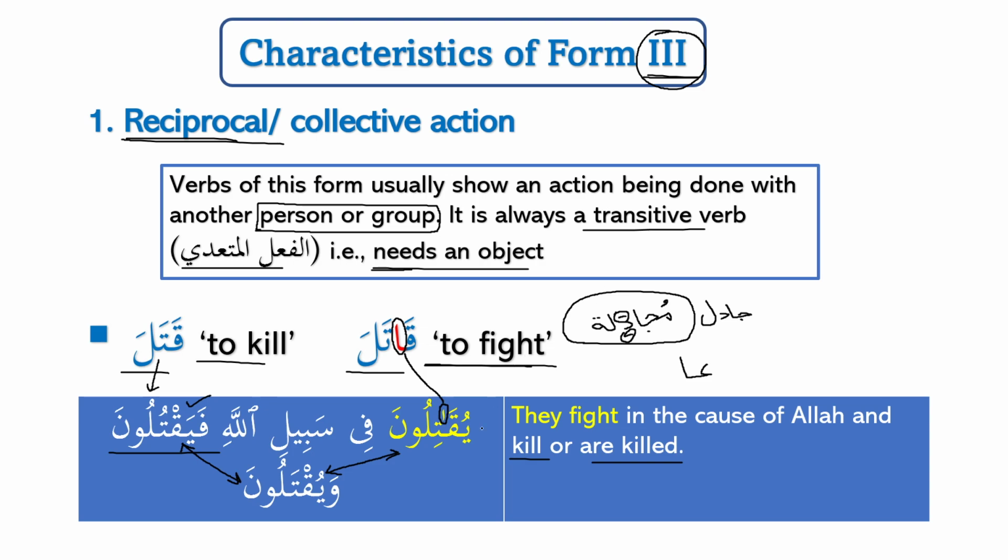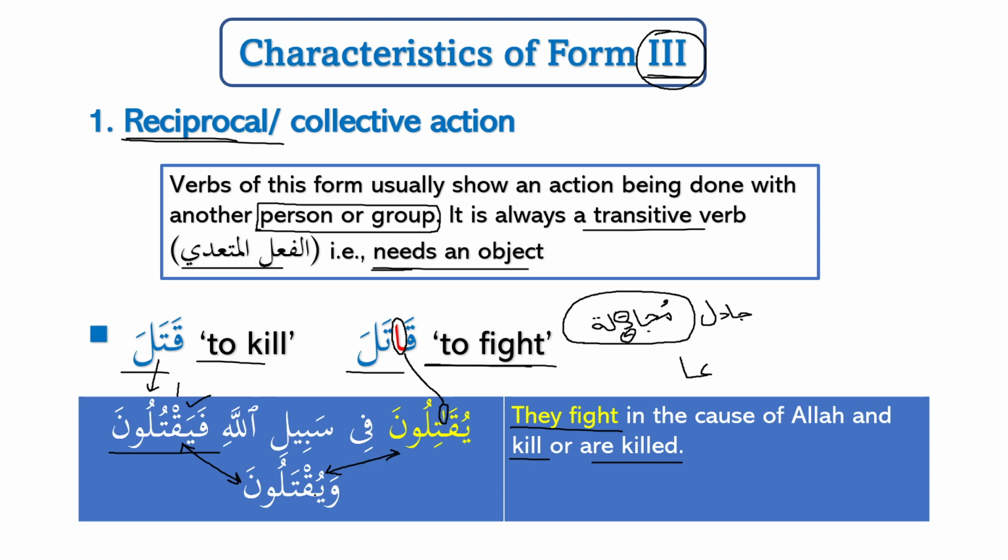Qatala yuqatilu, yuqatiluna. If you look at the translation, yuqatiluna, they fight, fi sabilillahi. So this is from form number 3, and this is from form number 1. Fayaqtuluna, and they kill, wa yuqtaluna, or they are killed.